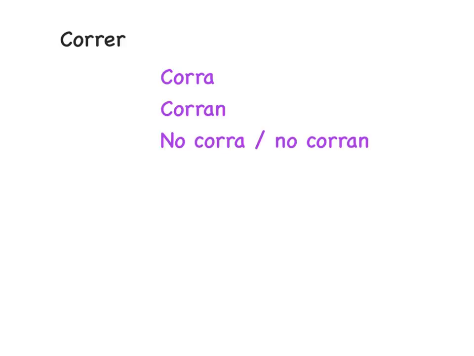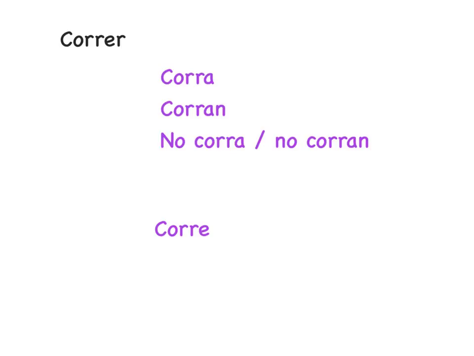Therefore, if I'm going to write an informal command using correr, I would say corre. And remember, in the informal command, we don't have a plural form. So it's corre. That's the command.